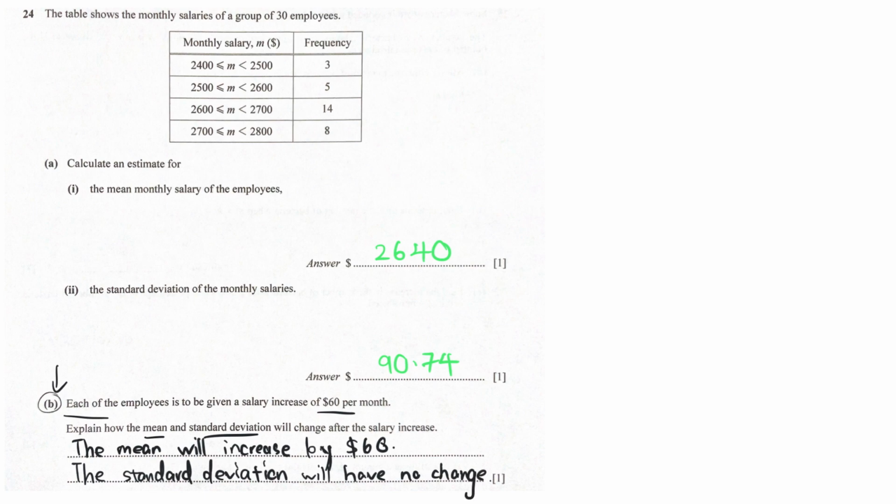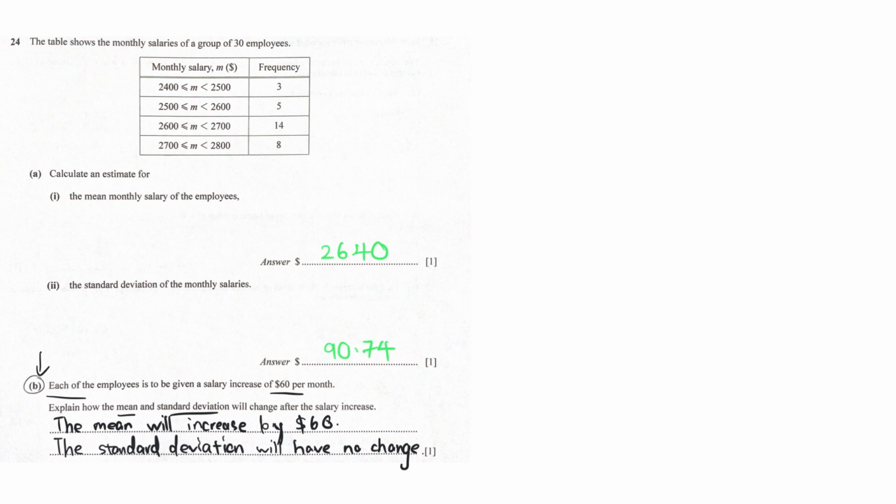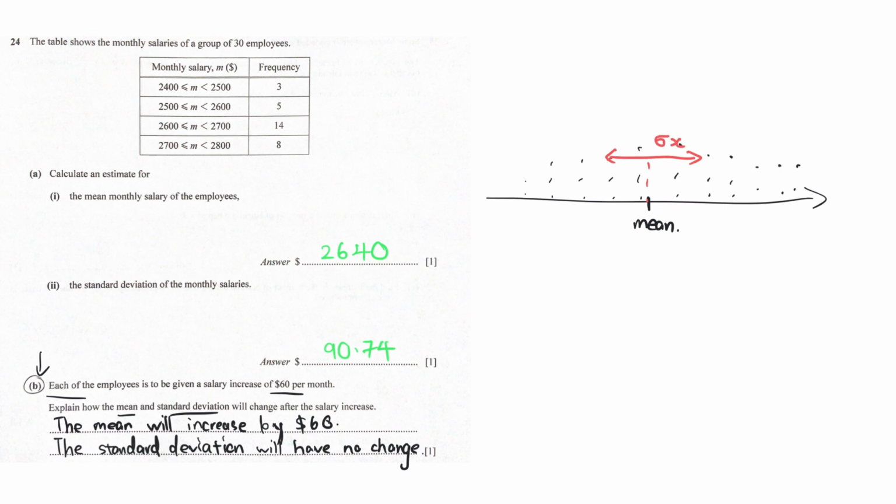If I can do a quick explanation of this, if we just maybe, for example, plotted a dot diagram, okay? Mind the dots basically. If the mean was somewhere here and we had a standard deviation of this, okay, the spread to the left and to the right, spread of the data.